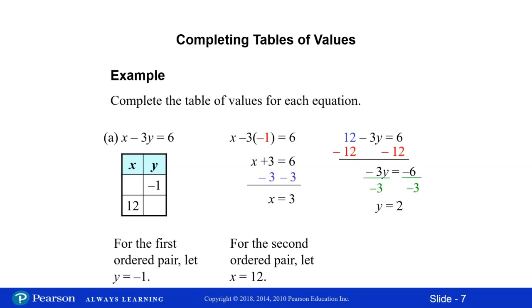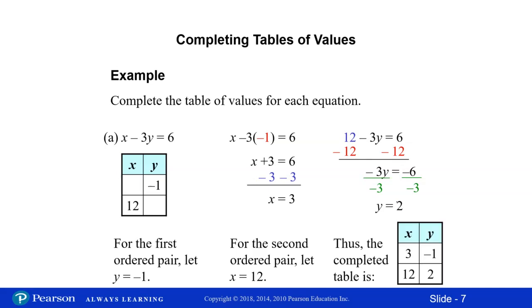That should give you y equals 2. So therefore, the table is complete. When we had y equals -1, we got x equals 3. When we had x equals 12, we got y equals 2. So these are your ordered pairs: (3, -1) and (12, 2).